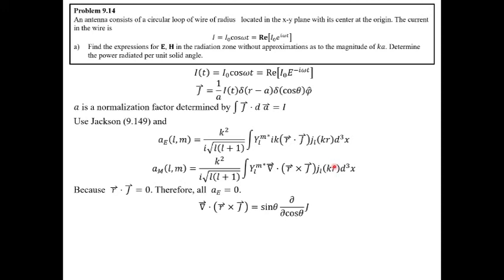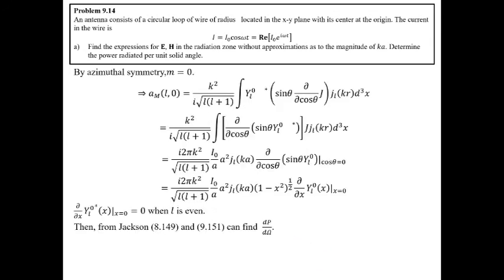And the term can be written as sin phi times partial cosine theta times J. By azimuthal symmetry, m has to be 0.